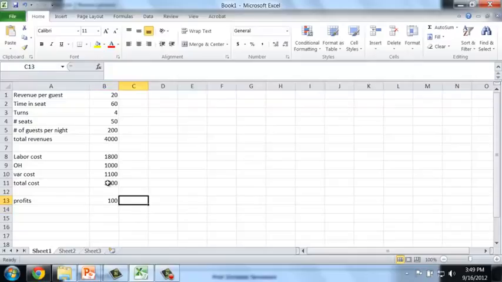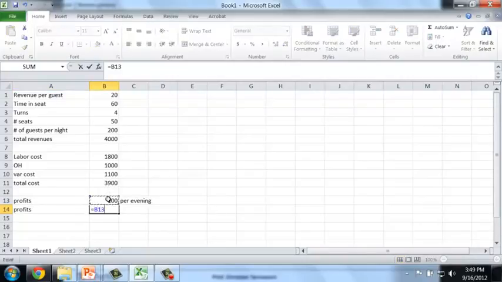Here we have to be very careful because this is the profit per evening. If I want to compute a return on invested capital, returns are typically computed on an annual basis. And so my profits per year are simply 365 times my profits per evening.